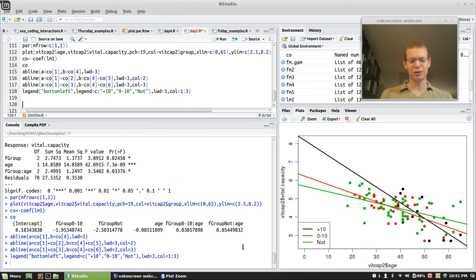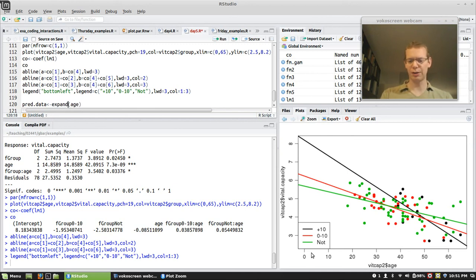So let's just say, what do we actually need to predict this? Well, we need some prediction data, which should be a data frame. And what do we need in here? Well, we need something that covers the age range where we actually want to make predictions. So age, and I'll actually do this differently.